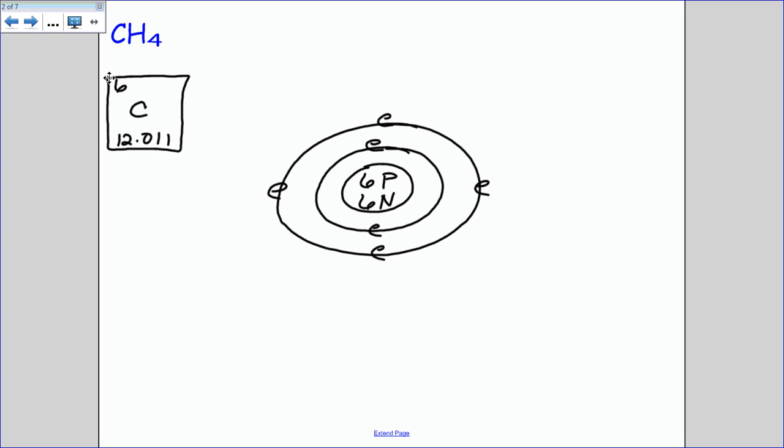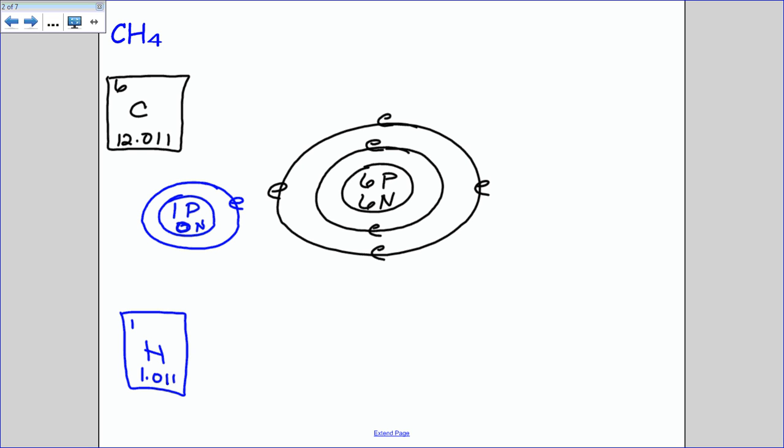Okay, we'll start with the circle. Put the circle there. If I make my hydrogen right here, you've got 1 proton. No neutrons. If you have 1 electron, just like that.